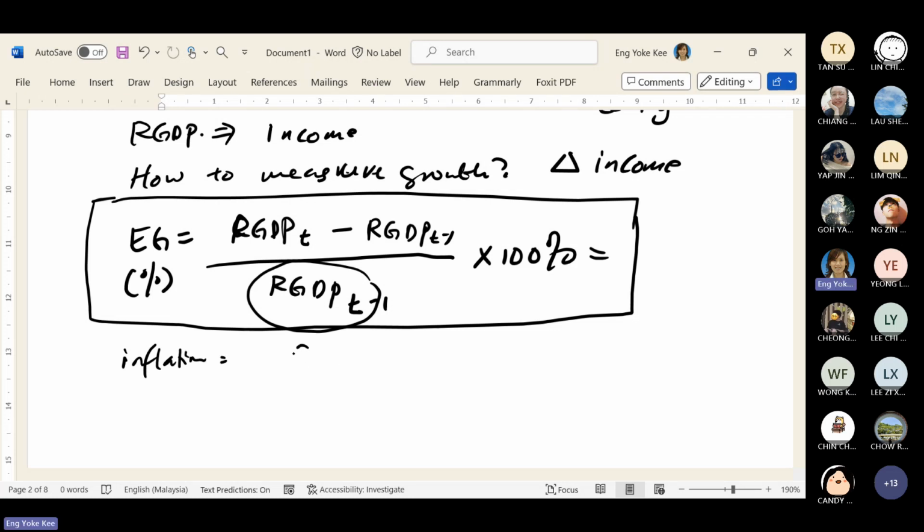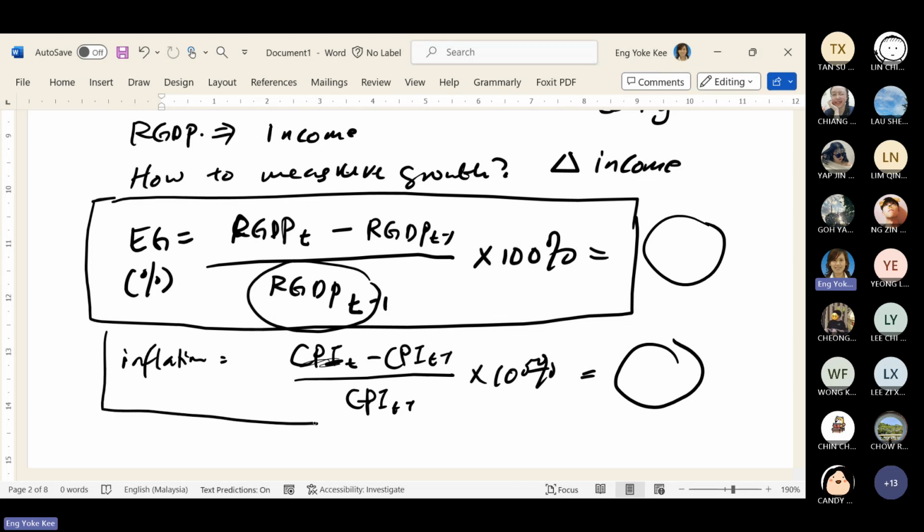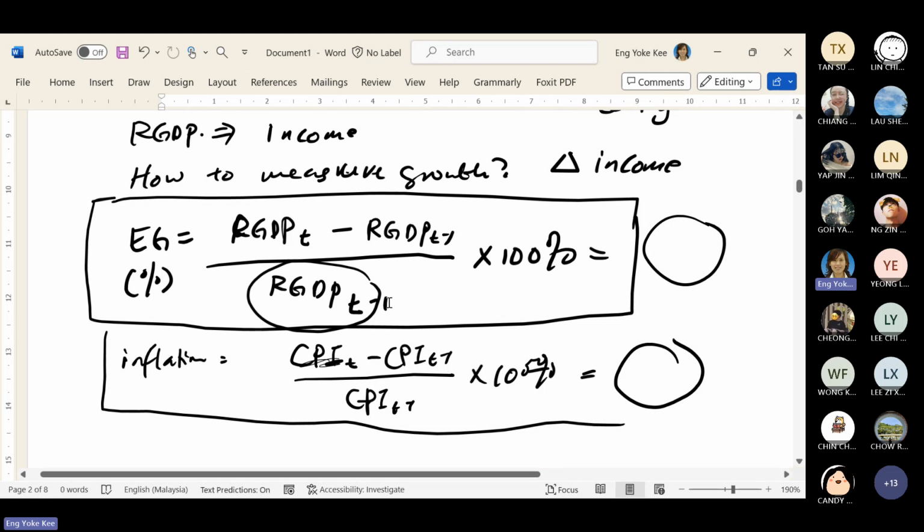I'm going to use CPI this year minus CPI last year, divided by CPI last year, times 100%. Then we get the percentage here. Right? So, as an empirical guide, this is what you study. Concept-wise, it should be calculated in this way.